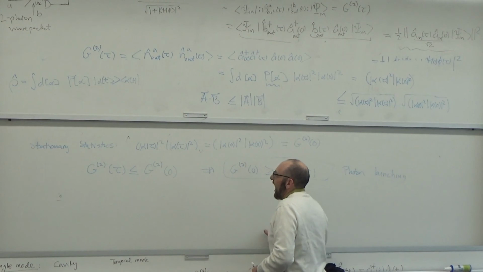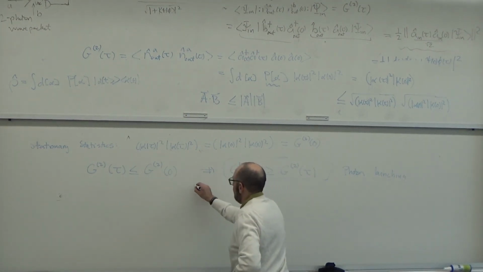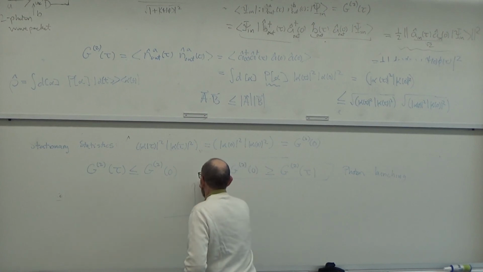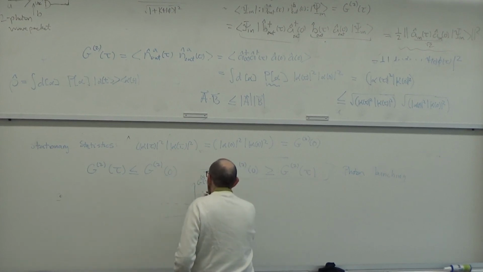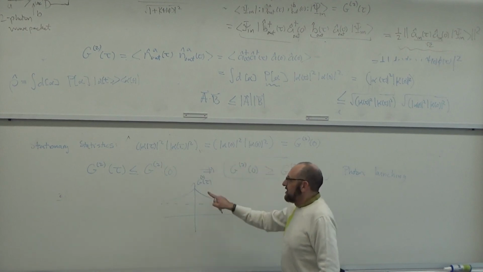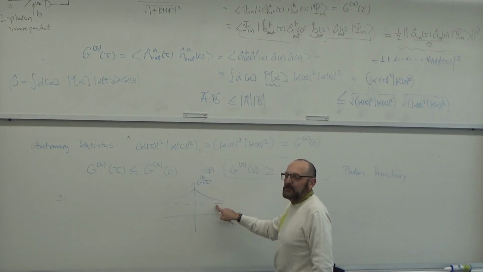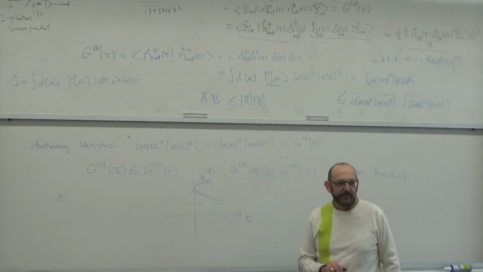So if I looked at G2 as a function of tau, it always looks like this. G2 at 0 is always bigger than G2 at tau.